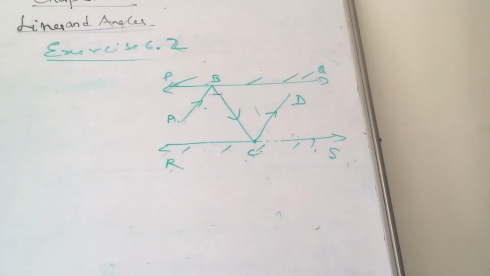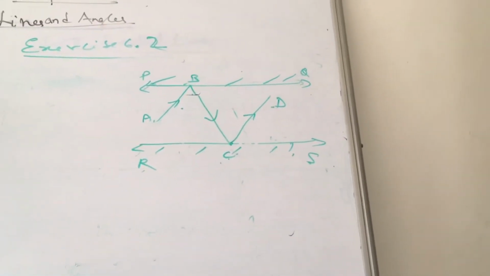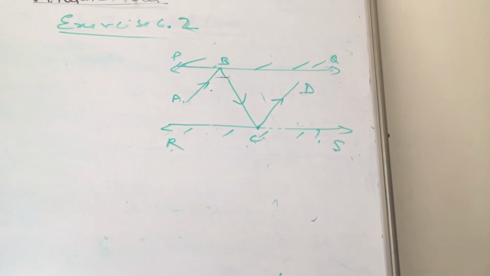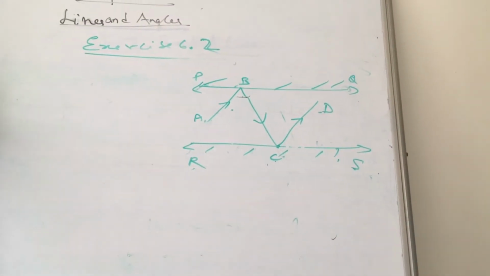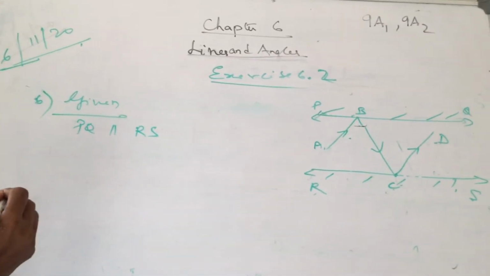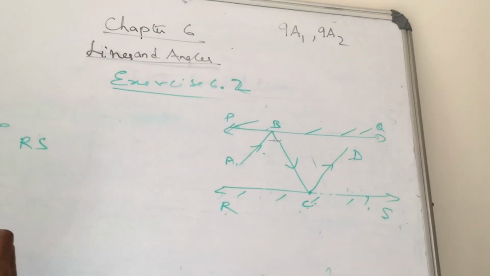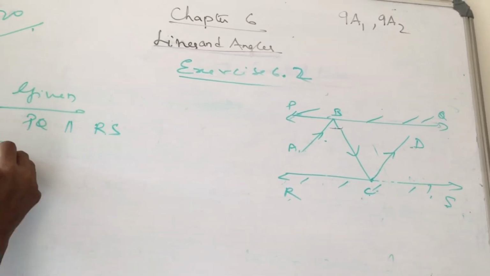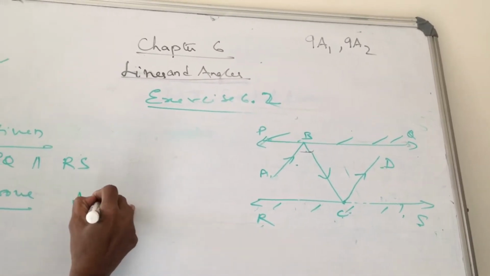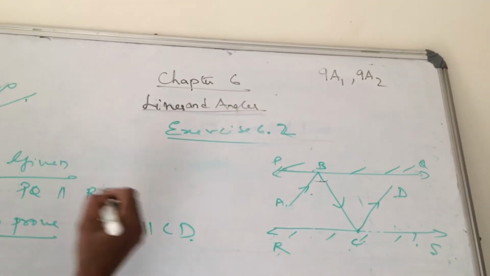Prove that AB is parallel to CD. What is given, children? PQ parallel to RS is given. To prove, what to prove? You have to prove that AB is parallel to CD.